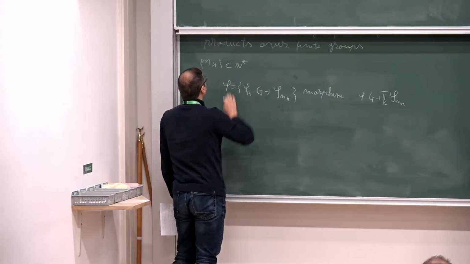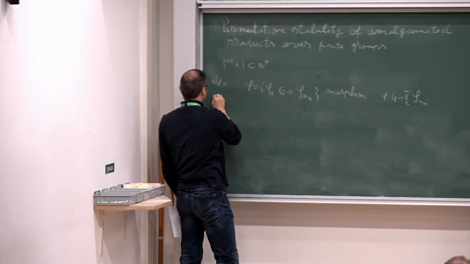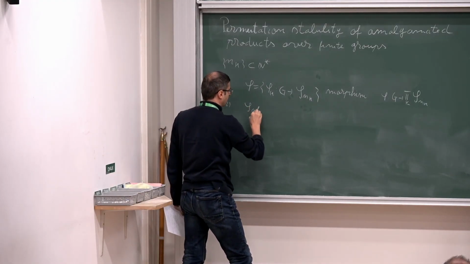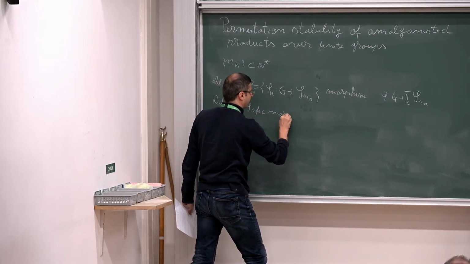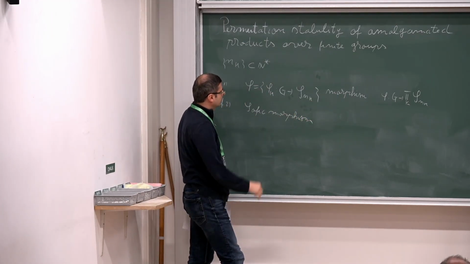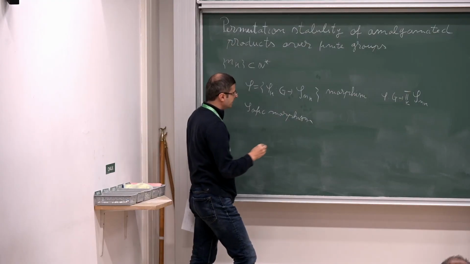And related to this, there is what I will call for this talk the notion of sophic morphism. So again, I'm talking about a collection of maps, now just maps.